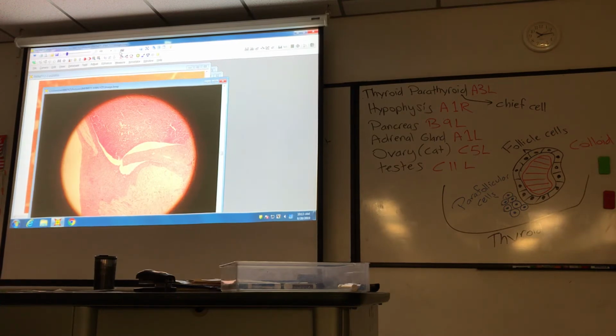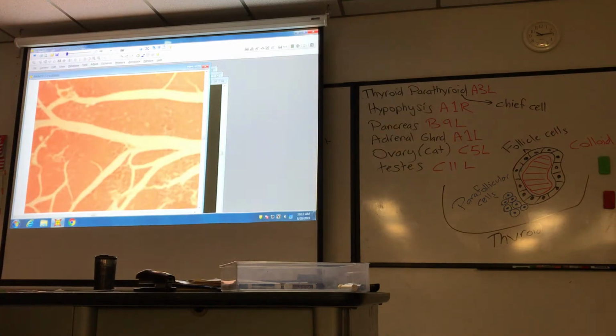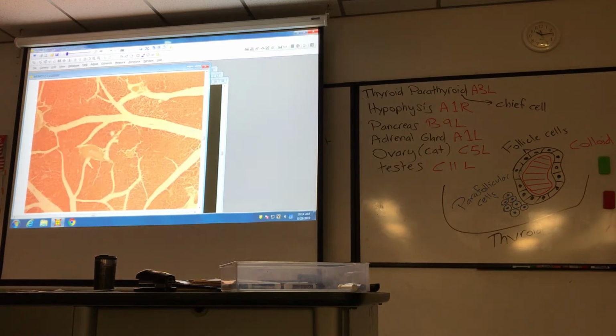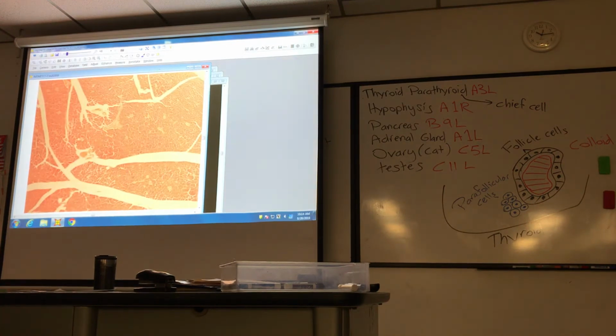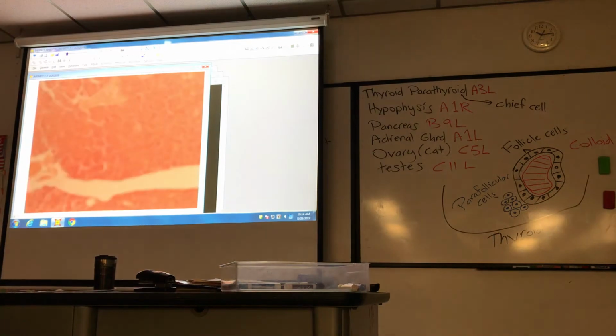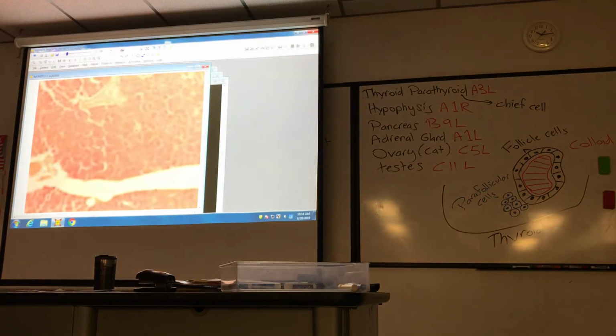Here's low mag. I'm going to go to a medium magnification. This is 100x.